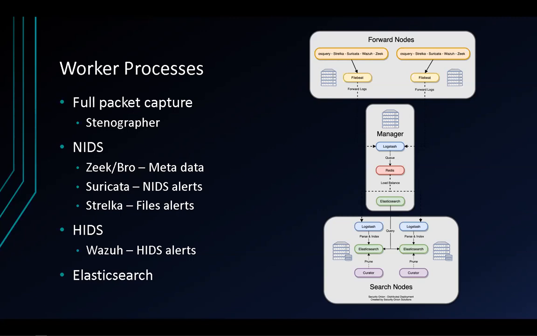And these signatures can range from policy violations to malware to anything suspicious like a command and control target and everything else. And then another scanner we have is Strelka. Strelka is more like a file scanner. It will scan files that go across the traffic, and it will also alert if it finds malicious files that match its stored hashes.